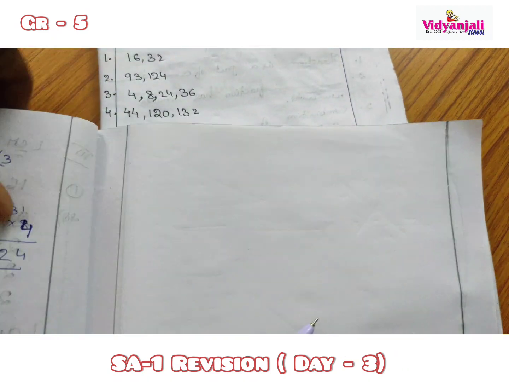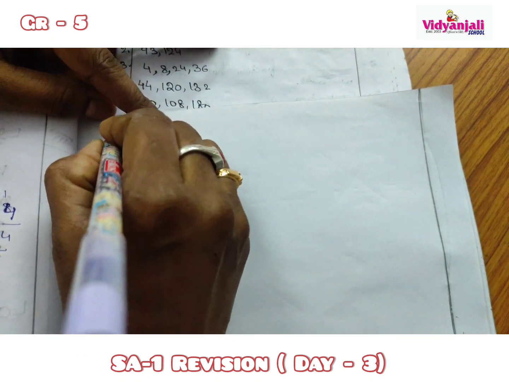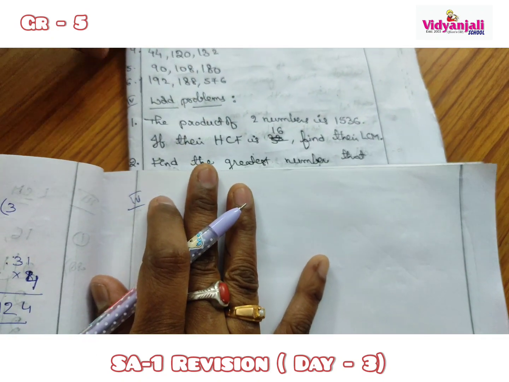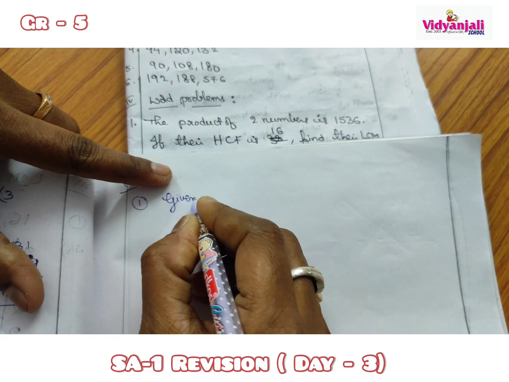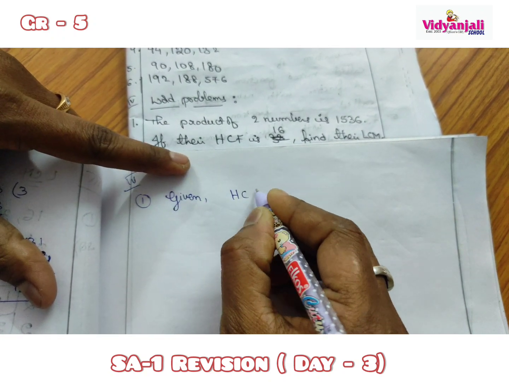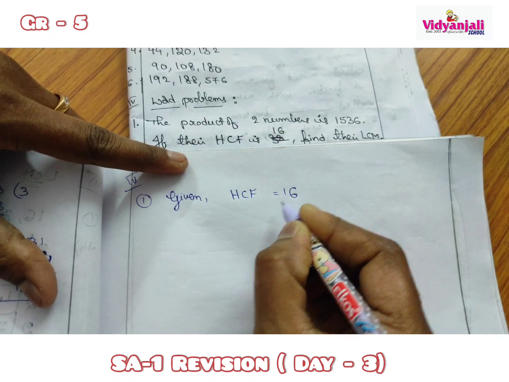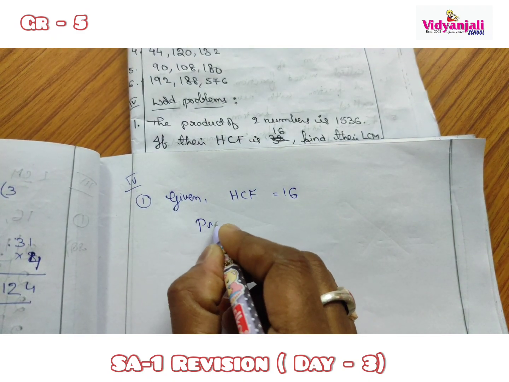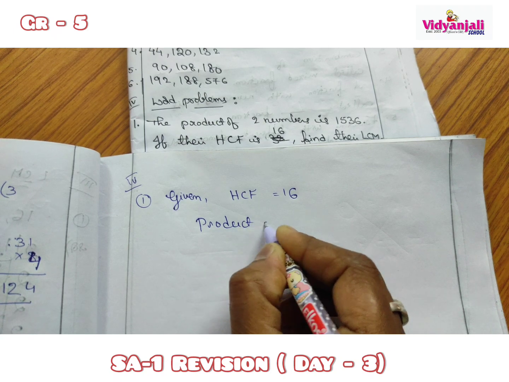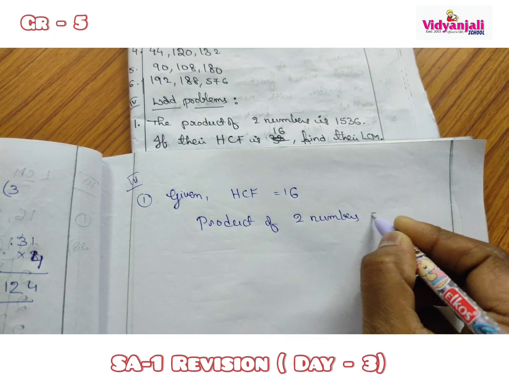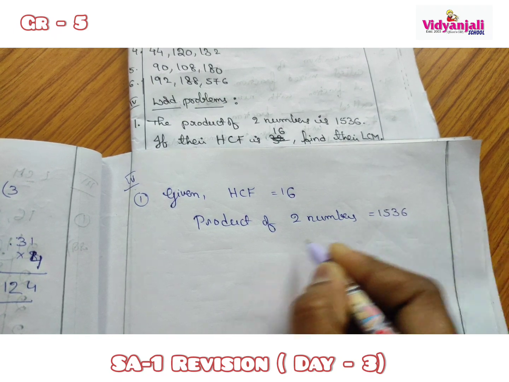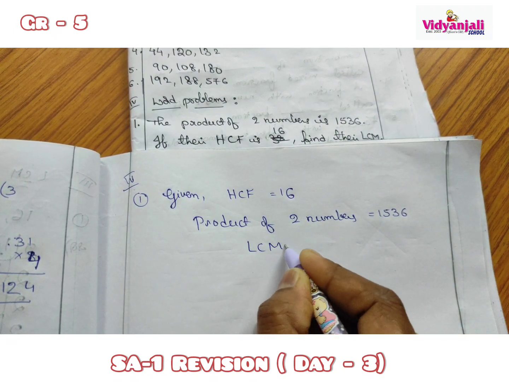See, we know already how to find the LCM when we have the HCF and the product of numbers. First let us write the given. What is given? HCF is given and product of two numbers is also given. Product of two numbers is 1536 and then we have to find the LCM.